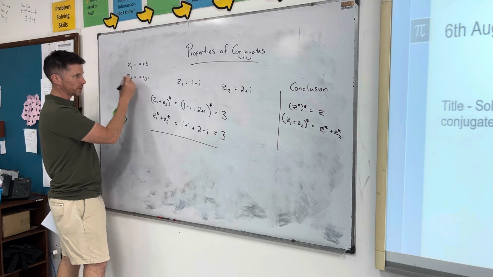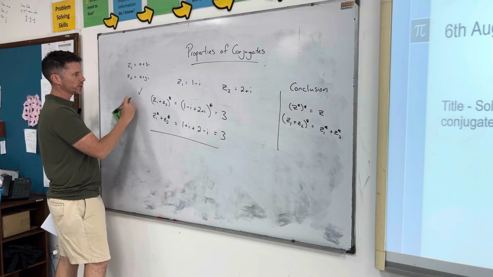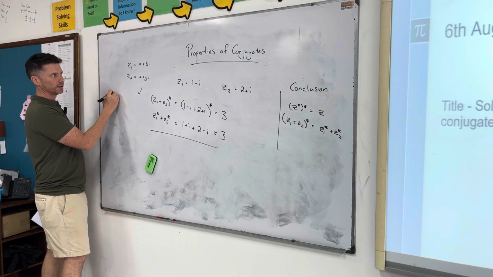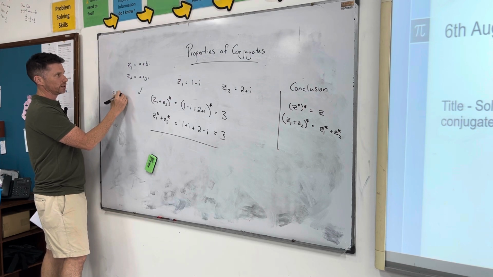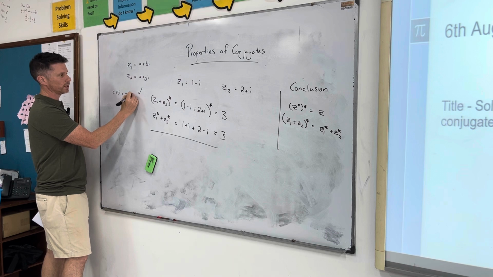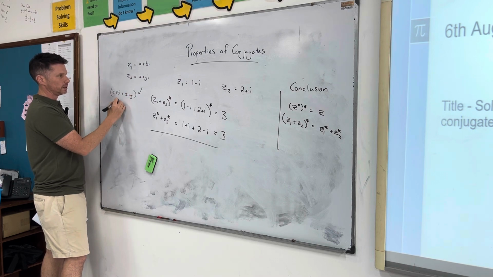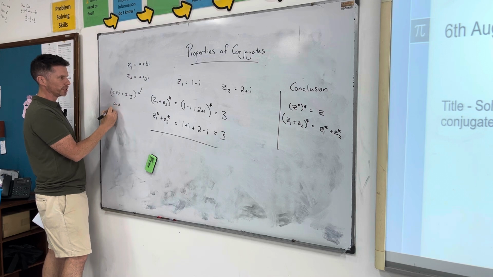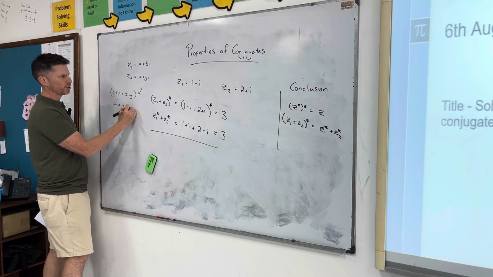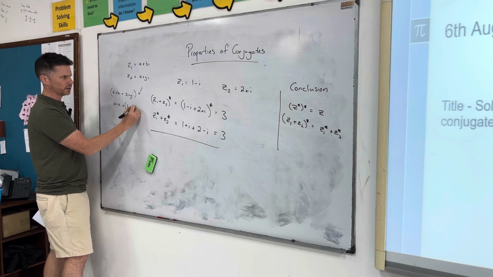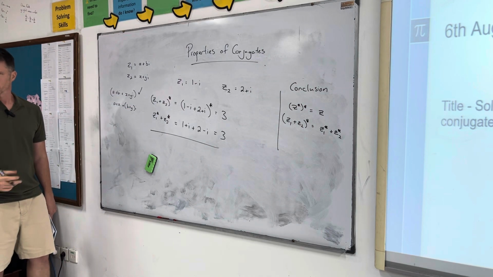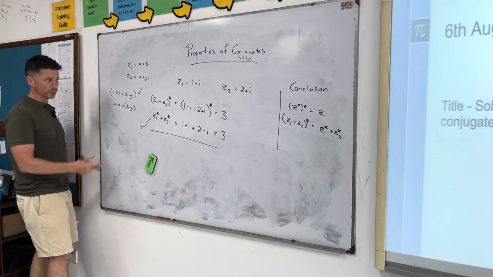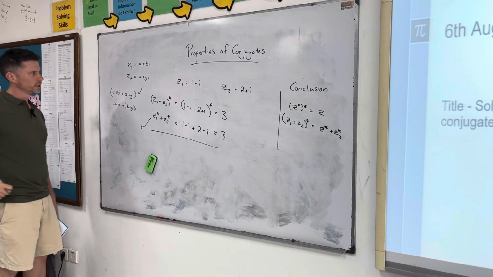If I add them first, I would get a plus bi plus x plus yi, which gives a plus x as the real part, plus b plus y. I'm just doing it in general. And then I'll do this one with the same system and see do we get the same answer.